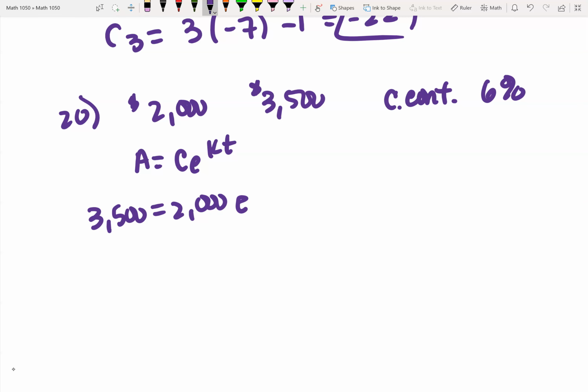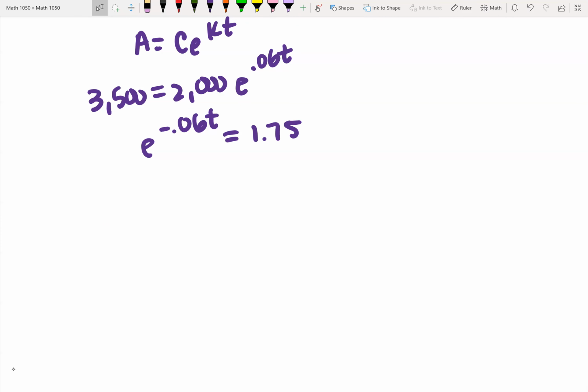It doesn't matter whether it's C e to the rt or C e to the kt, it means the same, 0.06 times t. So I'm not stuck because of the 2,000. So I have e to the 0.06t is equal to, if I go 3,500 divided by 2,000, I get 1.75, and I would definitely write it like that. Don't round right there, it's exactly 1.75.